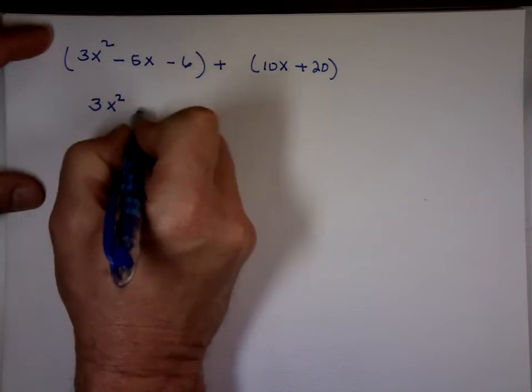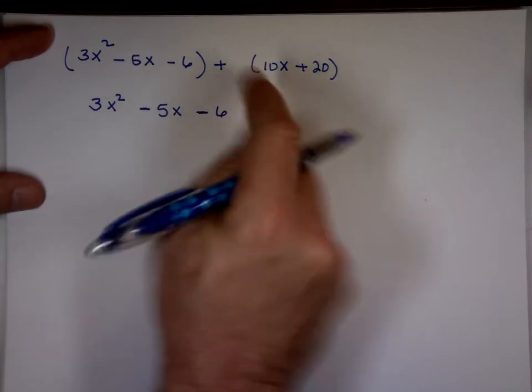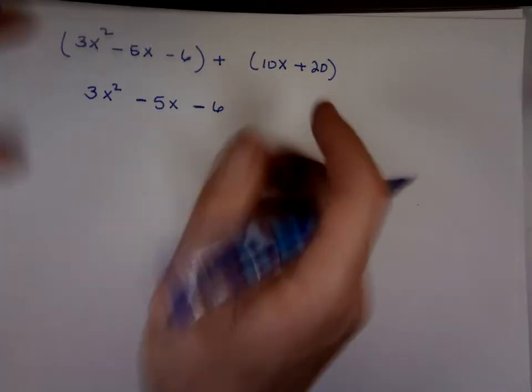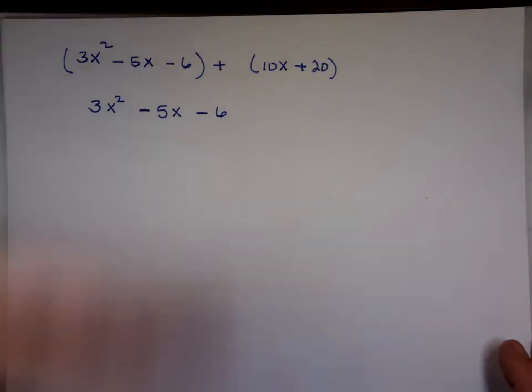Take the first one, and now let's take the second one, but line them up, meaning what? X squared on top of x squared, x on top of x, the number on top of the number.